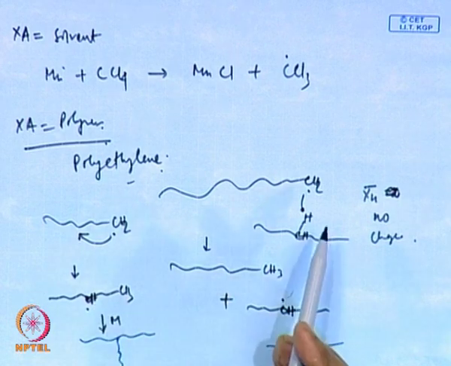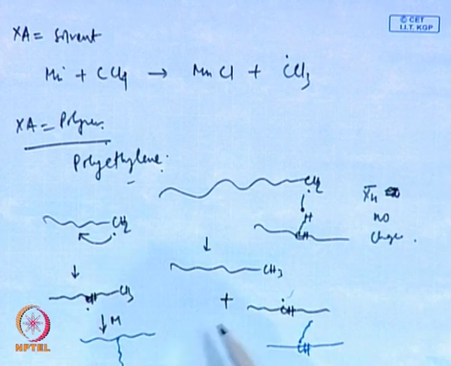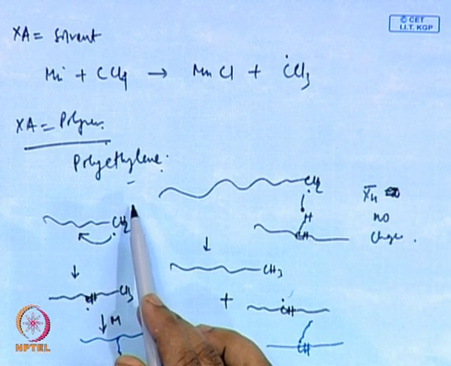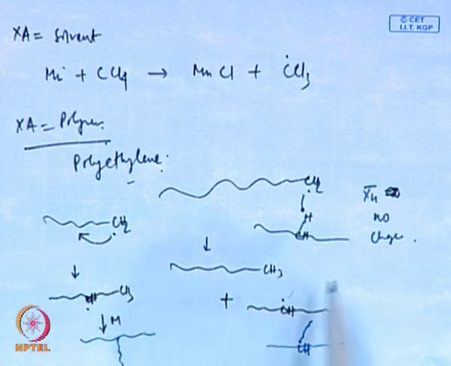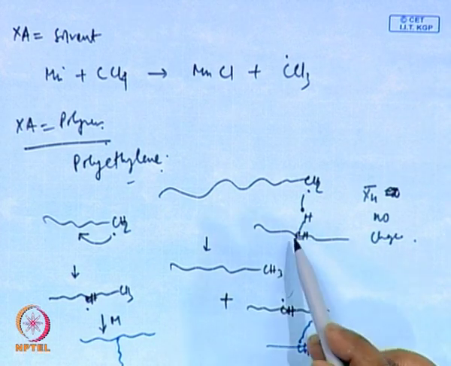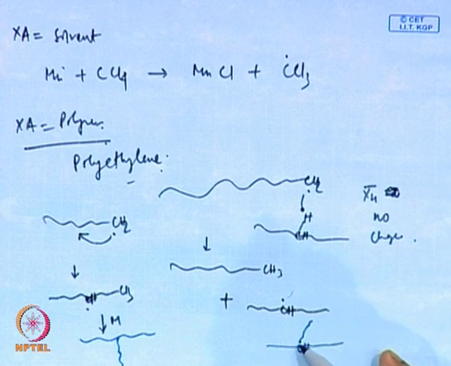So, the number of chains in this case does not change. This is a special case of chain transfer, where because of chain transfer the molecular weight does not change, but it results in branching of the linear polymers.